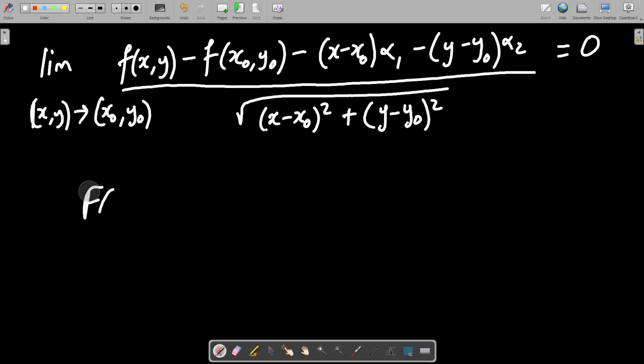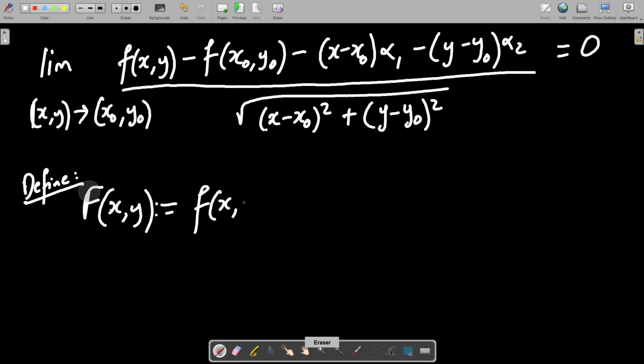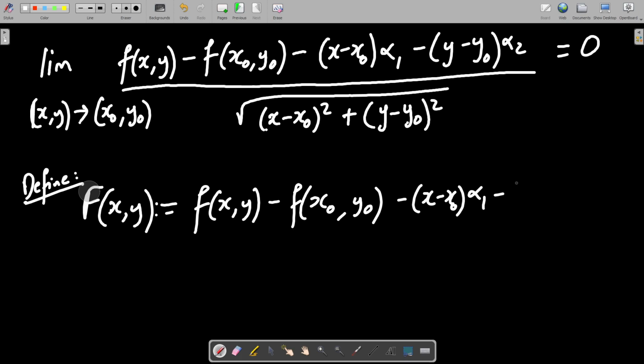Define small f of (x, y) as f of (x, y) minus f of (x naught, y naught) minus (x minus x naught) alpha 1 minus (y minus y naught) alpha 2.